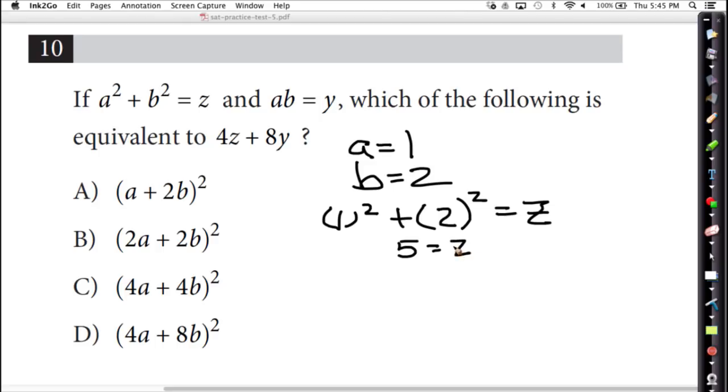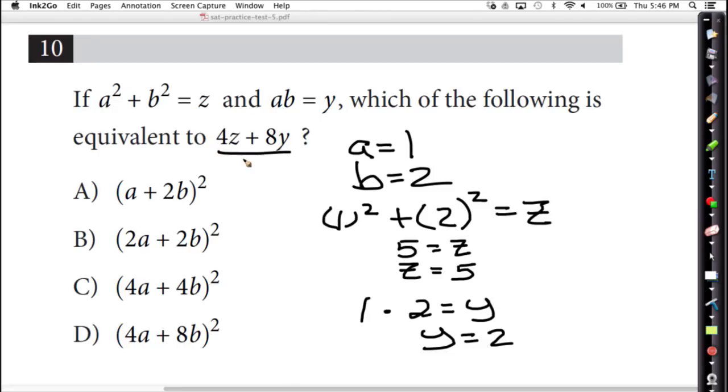Sorry, I'm kind of writing this backwards. So Z equals 5 with the numbers that we picked. Let's keep going. AB. Well, A is 1, B is 2. So that's just going to be 1 times 2 equals Y. So Y equals 2.